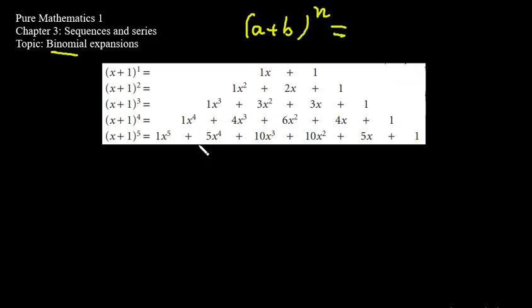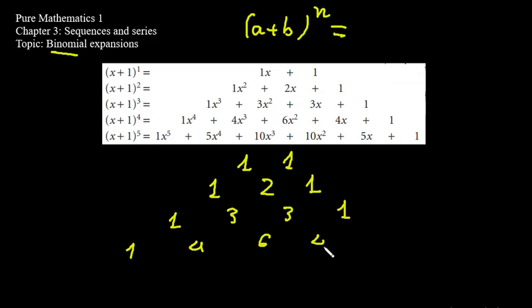You can see here. But now I will write down the coefficients of each term into a new table down here. 1, 1, then 1, 2, 1, then 1, 3, 3, 1, then 1, 4, 6, 4, 1, and 1, 5, 10, 10, 5, 1.